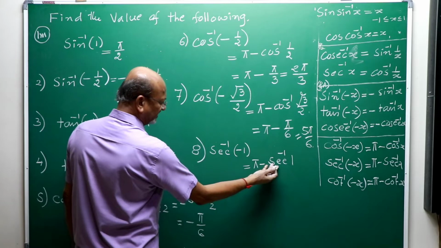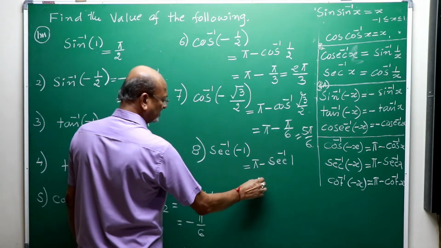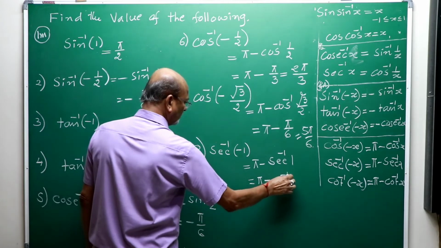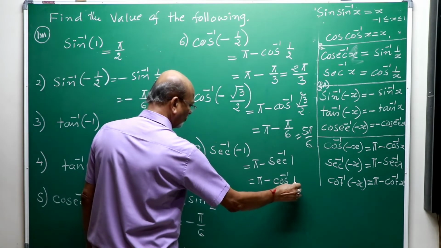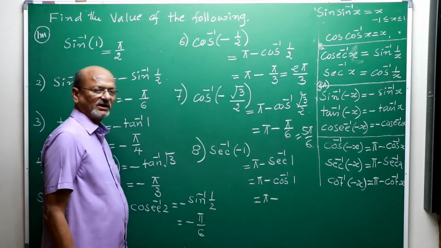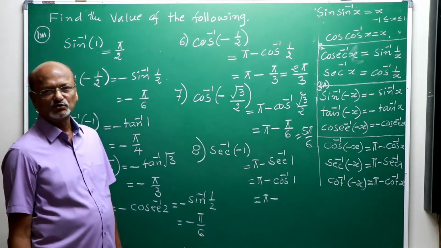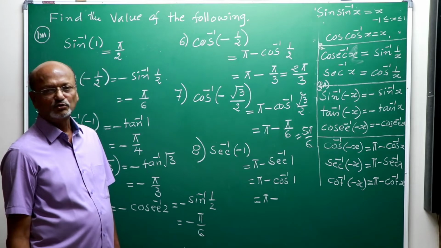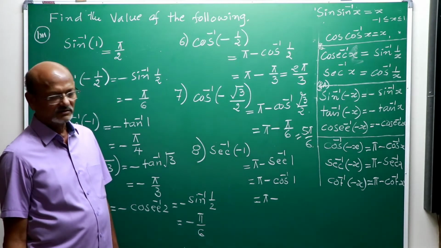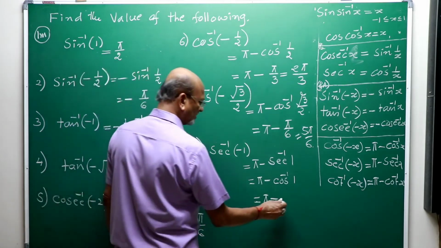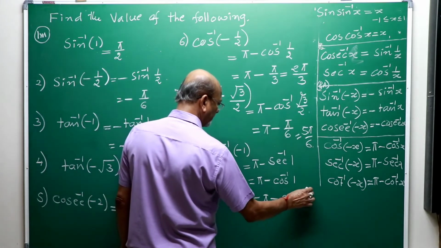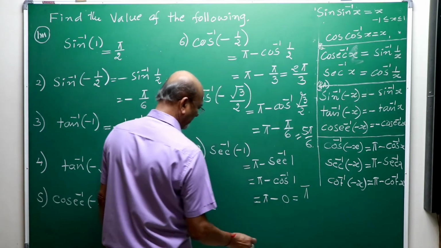If you want, you can convert from sec inverse to cos inverse, the reciprocal: cos inverse 1 itself. Pi minus, tell me friends, what is cos inverse 1? Angle whose cos is 1. You know it, cos 0 is 1. Then what is the respective angle? 0 degrees. Then pi minus 0 is pi.